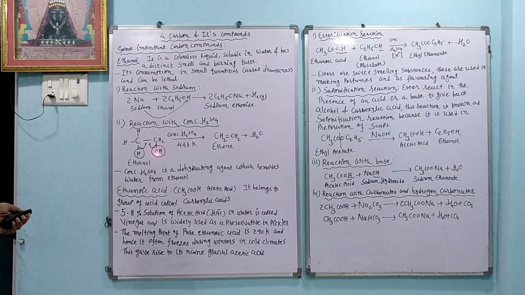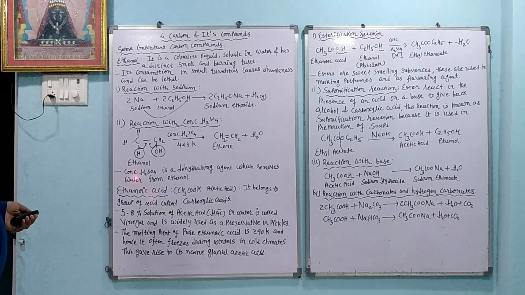It takes the OH group from one carbon and the hydrogen from the neighboring carbon, and the electrons overlap here. Because of this overlap we get a double bond, CH2 double bond CH2, and the H and OH make H2O.